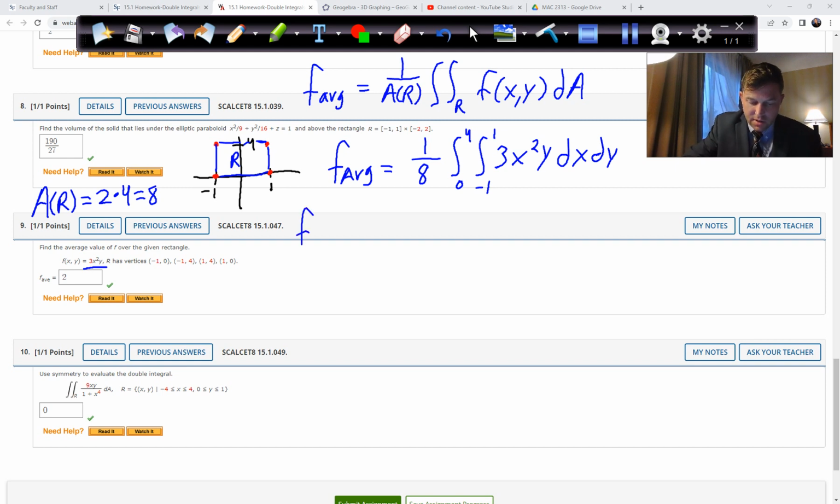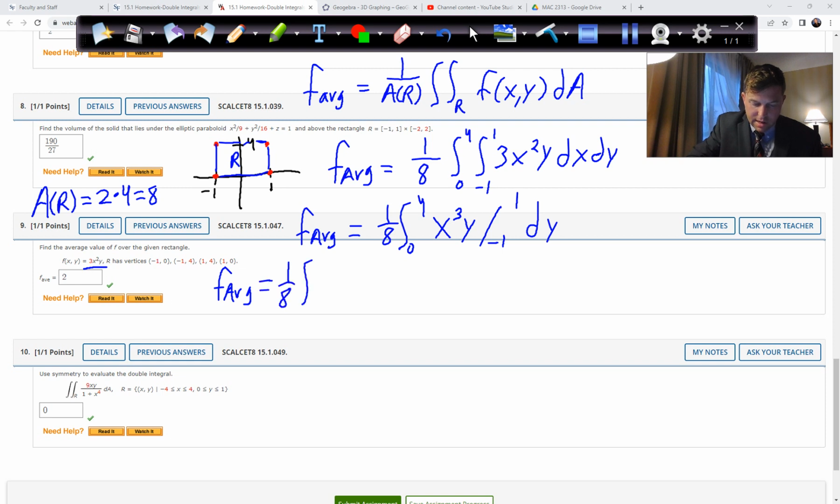Okay, so f average will equal 1 over 8, from 0 to 4, the antiderivative with respect to x, which would be x cubed y from minus 1 to 1, then dy. So this is going to equal 1 over 8, 0 to 4. Plug in 1, you will get y.